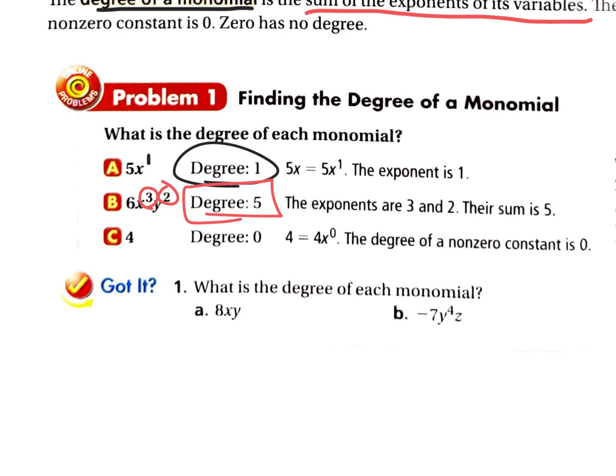If you look at the 4, like the book mentions here, we could say it's the same as 4x to the 0 power. We probably wouldn't normally put x to the 0 power there, but notice the exponent then is 0. Remember, x to the 0 power would be equal to 1.